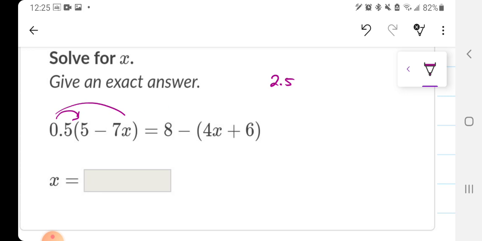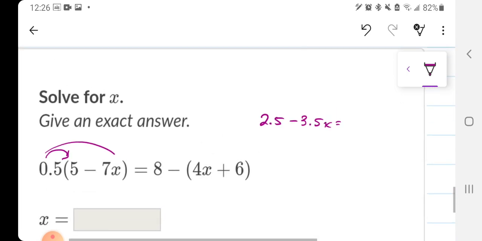Then 0.5 times negative 7x is going to be negative 3.5x equals, and over here we're going to have 8. And then we have to remember, think of this as a negative 1, so it's getting multiplied here and here. And so that's going to be 8 minus 4x minus 6.